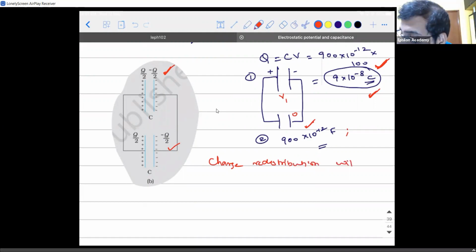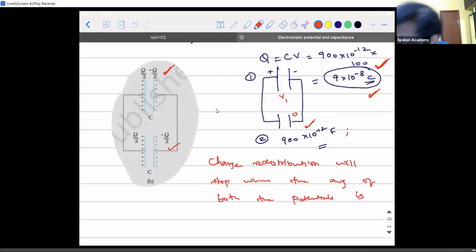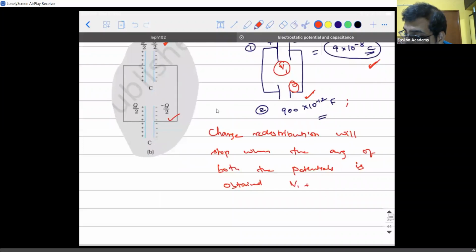Charge redistribution will stop when the average of both the potentials is obtained. I said both the potentials because this has to lose and this has to gain. So the average of both is how much? V1 plus 0 divided by 2. That is why it is V1 by 2, like how Mithun told.